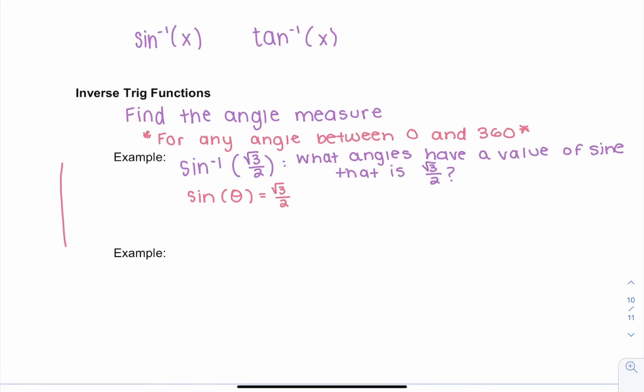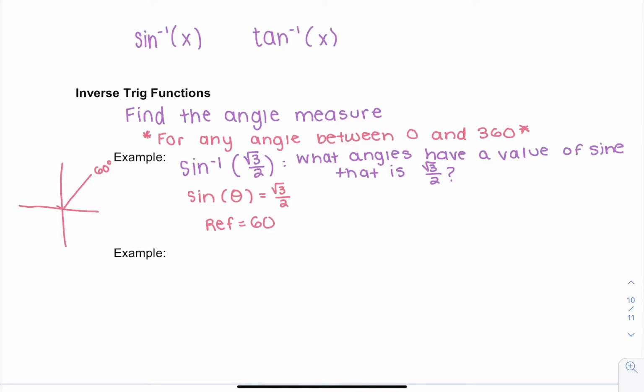So what you're going to do is draw a little graph. You know that your reference angle for this, if you look at the chart way back from week 1, the reference angle that gives you sine of square root of 3 over 2 is 60. So I've got my 60 degrees over here, but I have 3 other sets of angles that also correspond to that reference angle.